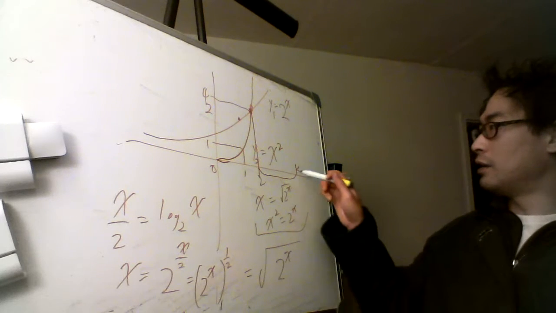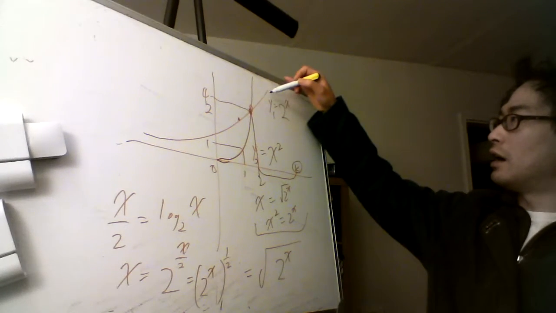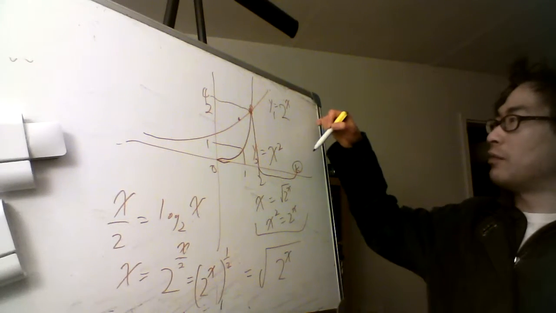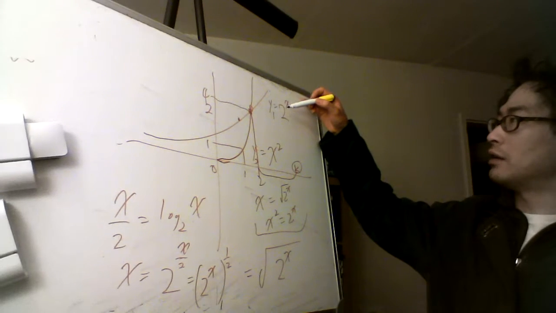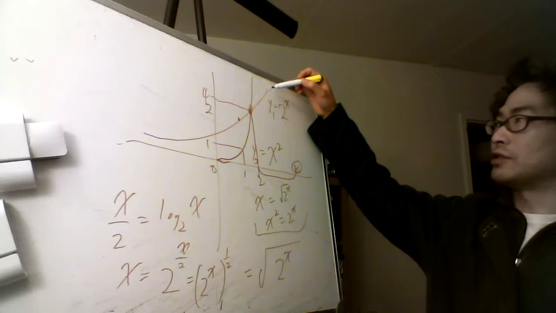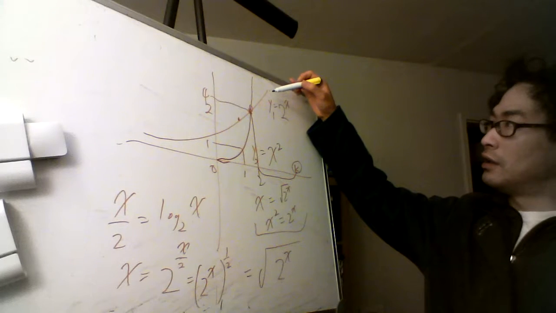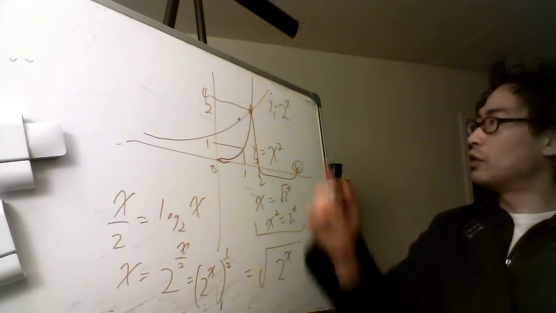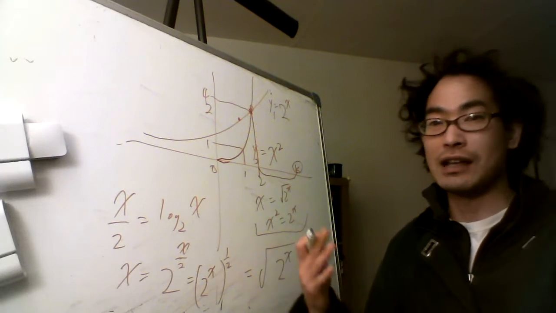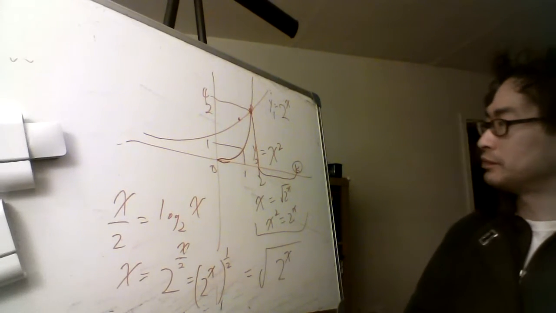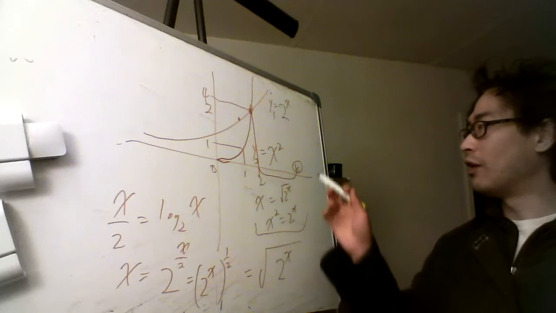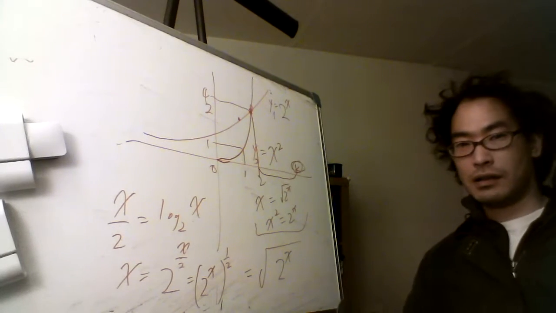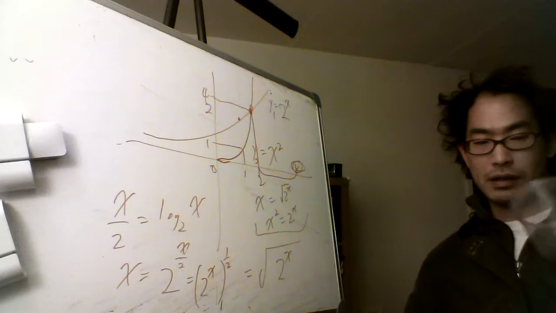But at point k, which I think will be a very big number, there is another intersection, because the exponential function eventually catches up again. So we want to find that k.